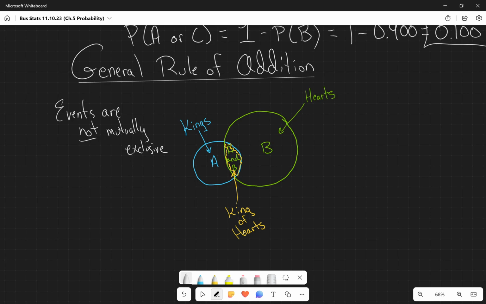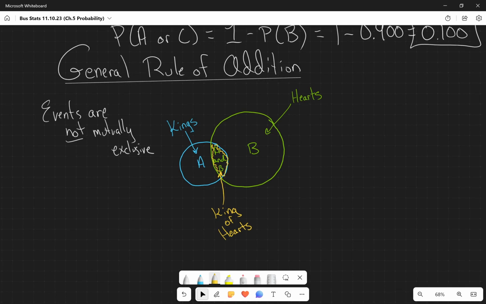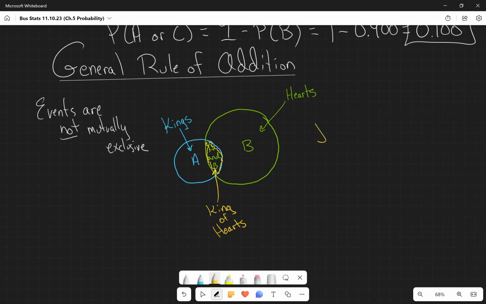So when we're talking about these types of situations, we have a new type of probability that we need to define. This new type of probability that we need to define is called a joint probability.